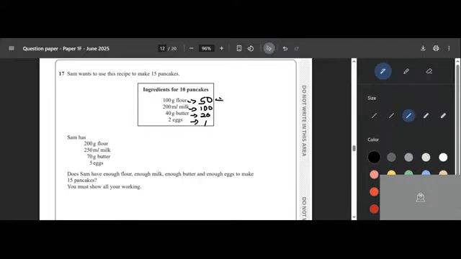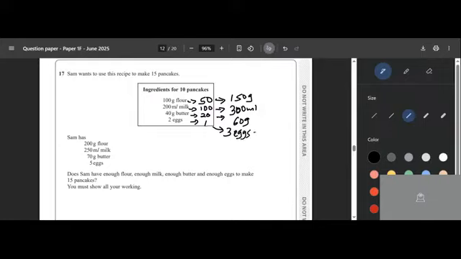So the total of the flour should be 150 grams. Total for the milk has to be 300 milliliters. Total for the butter has to be 60 grams, and total for the eggs, they have to be 3 eggs.